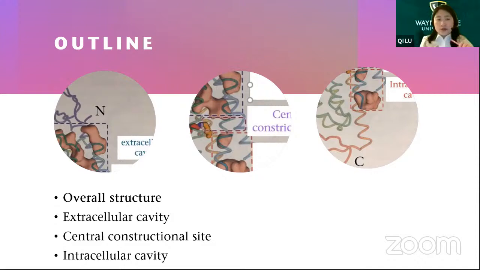Then the conformation change of the retinal can change the relationship between this central constriction site and the amino acid residues, like forming hydrogen bonds, breaking old bonds and forming new bonds, which makes this channel open. And another part is the intracellular cavity.